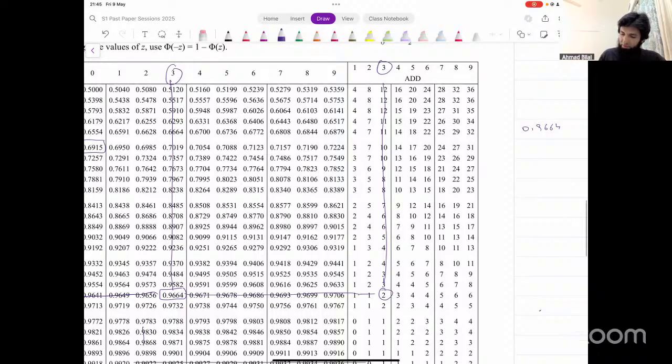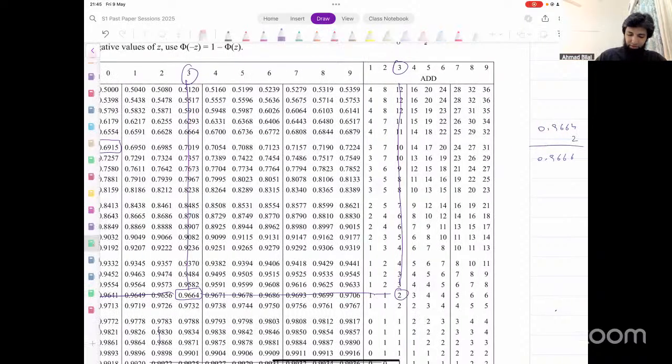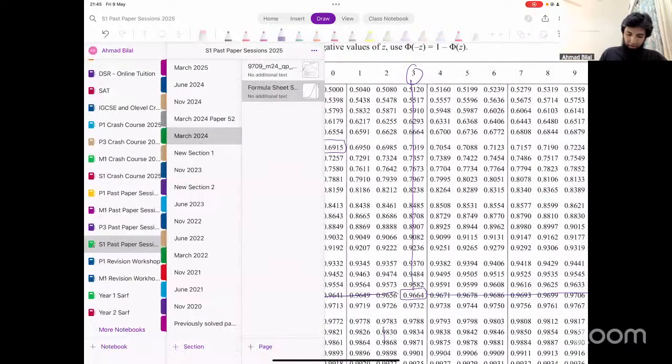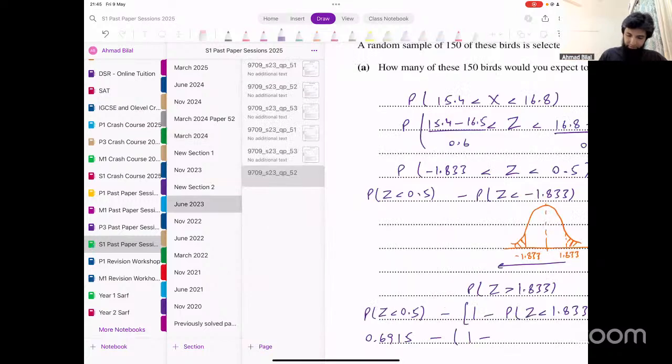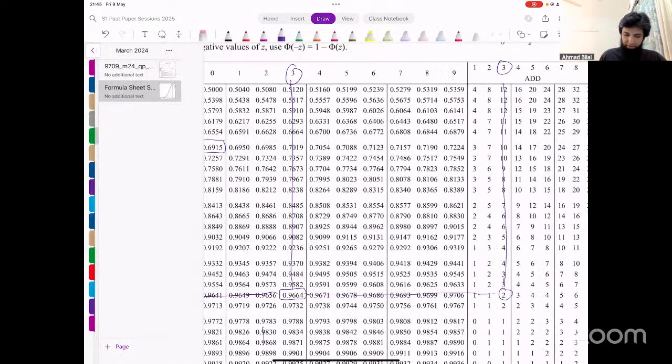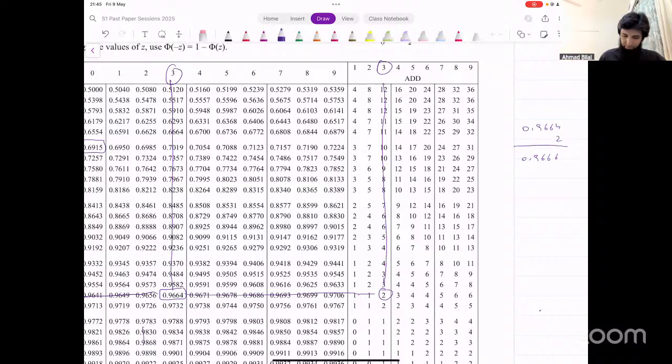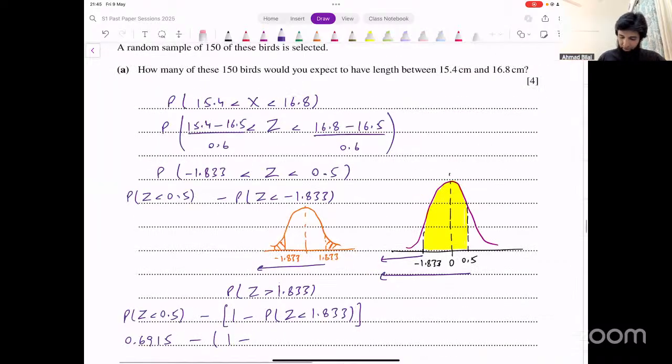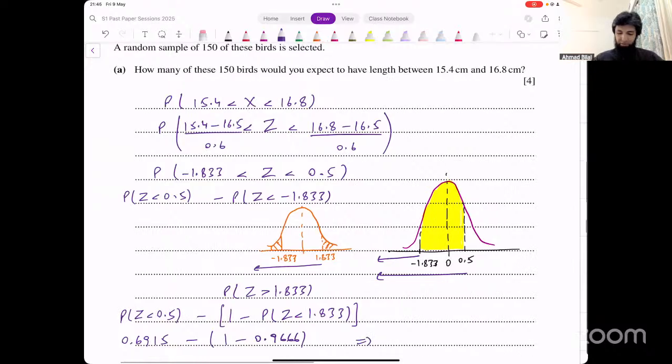That's 2, 0.9666. That's the other probability that we've got here. 0.9666. 1 minus 0.9666. Evaluate this and see what that turns out to be.